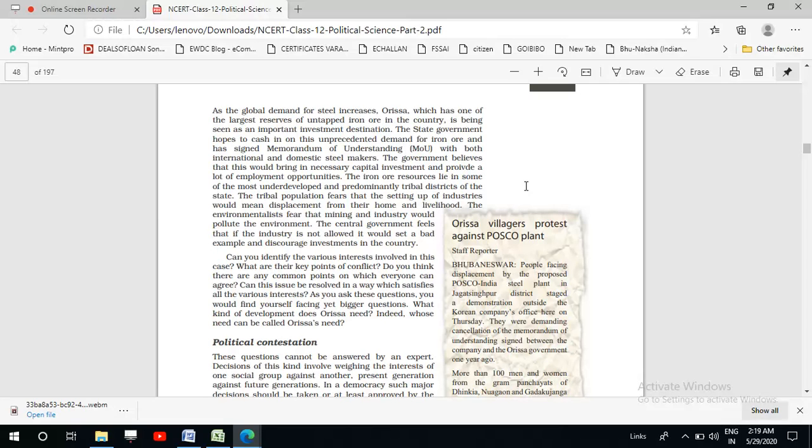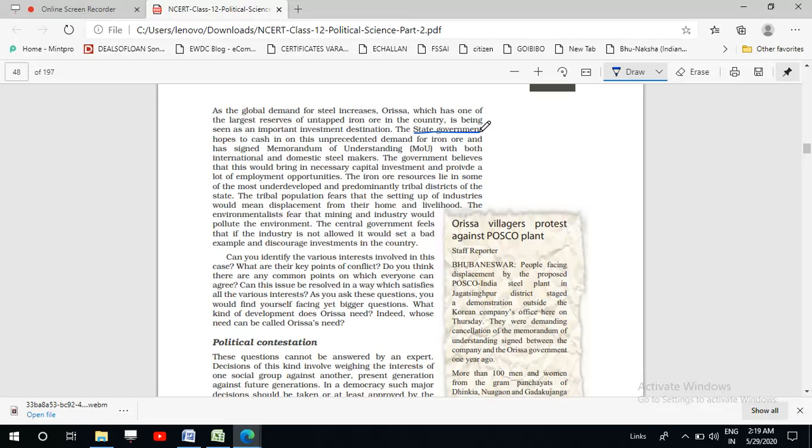So we can see that these four groups are involved in this activity.